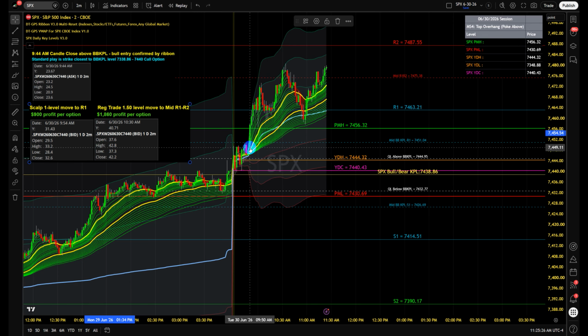You need to have an all green ribbon for confirmation of a bullish entry on a close above a main key level or contextual level, or conversely, for a candle close below a main key level or a contextual level. For a bearish entry, you need the opposite. You need an all red ribbon with the lower red bands pulling away lower from the base of the all red ribbon.